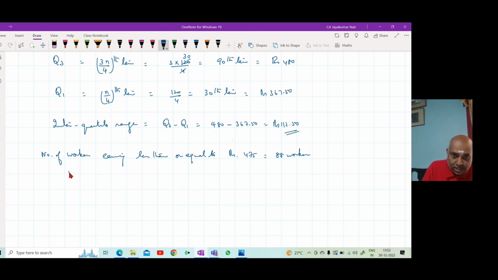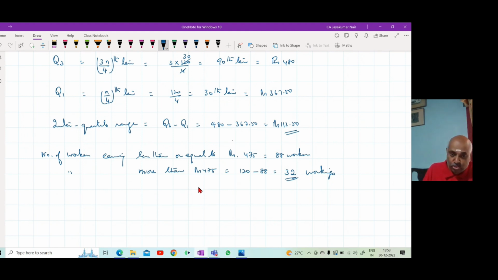So the number of workers earning more than rupees 475 will be, there are 120 workers, 88 workers are earning 475 or less. So how many workers? 120 minus 88, 32 workers. So 32 workers are earning more than 475.